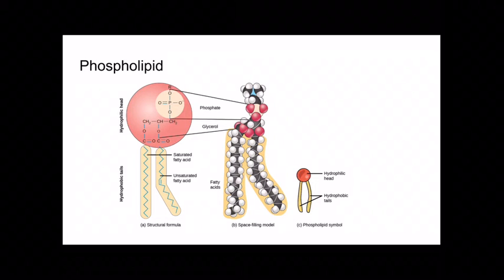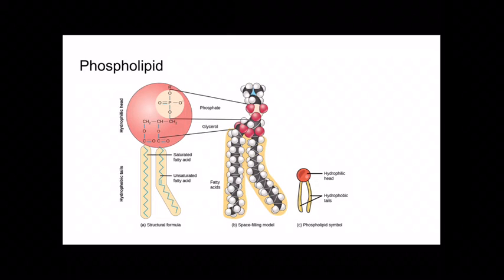And so these are a few ways that we can depict a phospholipid. We can see the structural formula here on the left. That middle diagram shows all of the carbons and the hydrogens and the oxygens and the phosphate, etc. And then we've zoomed out to take a look at this molecule from a little more of a distance in that third diagram, where we just see what we call the hydrophilic head.